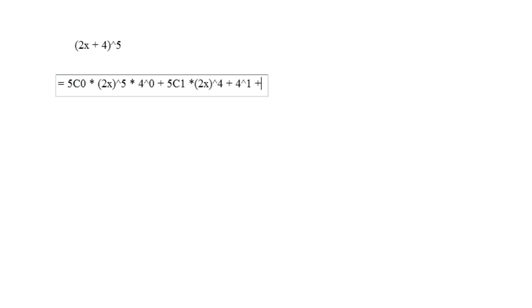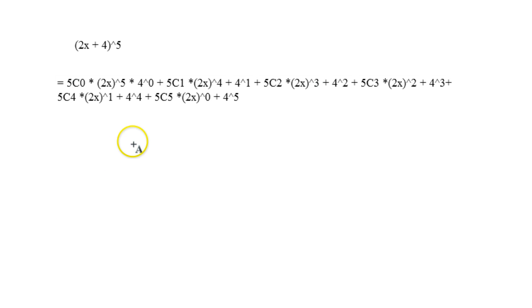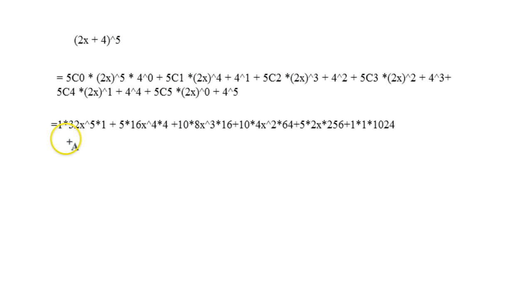I'll fast forward so you can see. Now my formula is all set up to look like this, and when I work it out, simplifying all the combinations and raising to the powers, I can rewrite it.